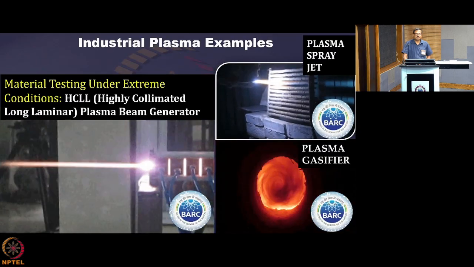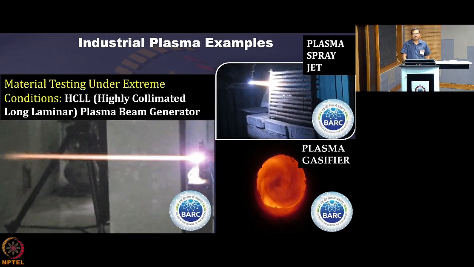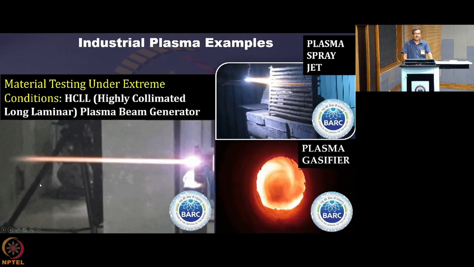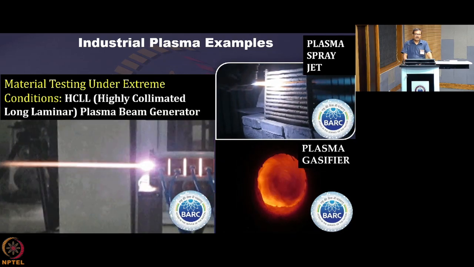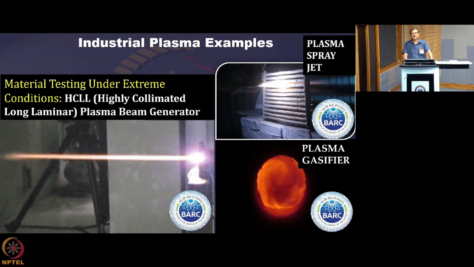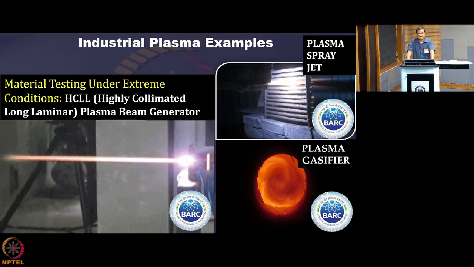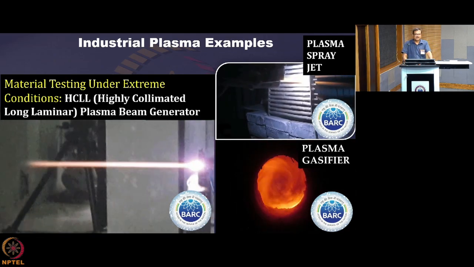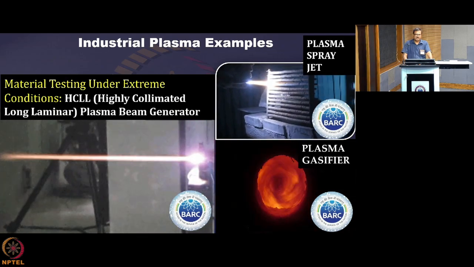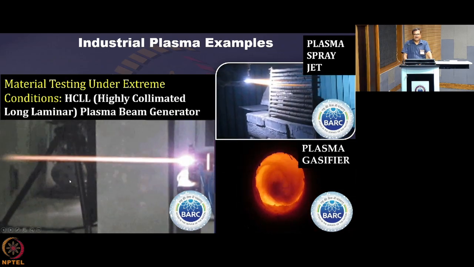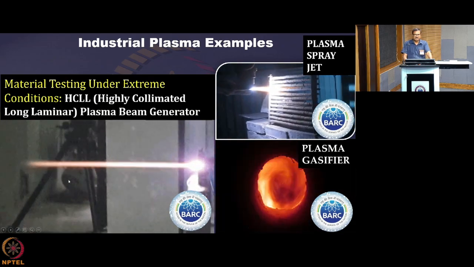next example. Here we are showing three examples in this slide. The upper right corner is the plasma spray process, and the lower right corner is the plasma processing of waste using an air plasma gasifier.